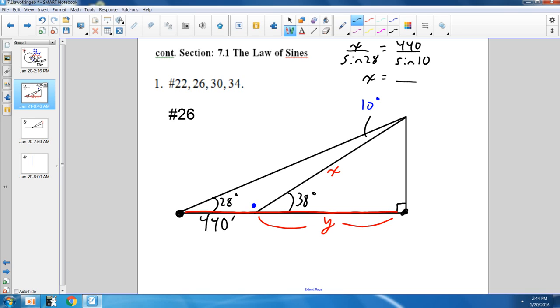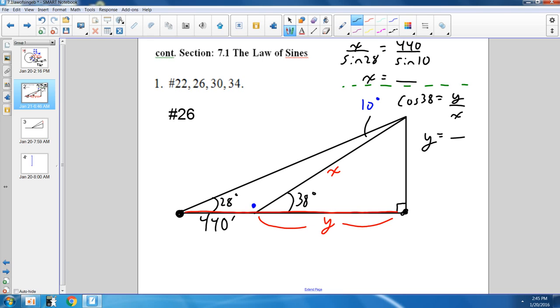Once you get your x, you need to make a different equation and work within the right triangle. You're going to see that your 38 is in a right triangle. I apply SOHCAHTOA. This is going to be adjacent over hypotenuse, which is cosine. So it's cosine 38 equals your y over what you got for x. And then you solve for y.